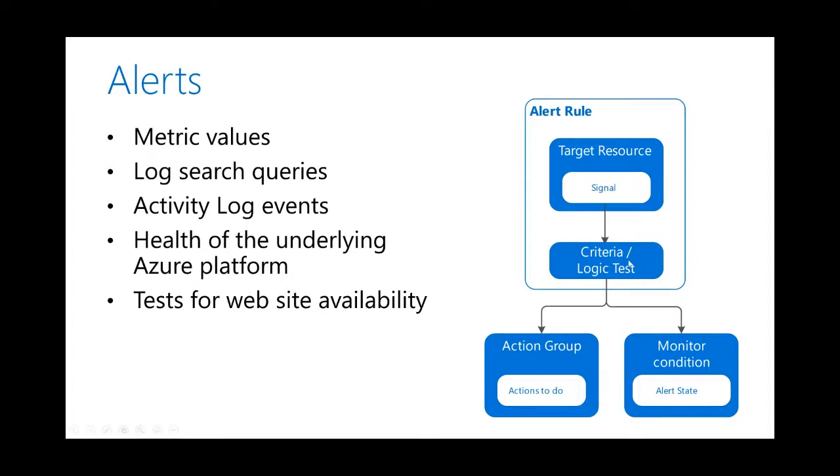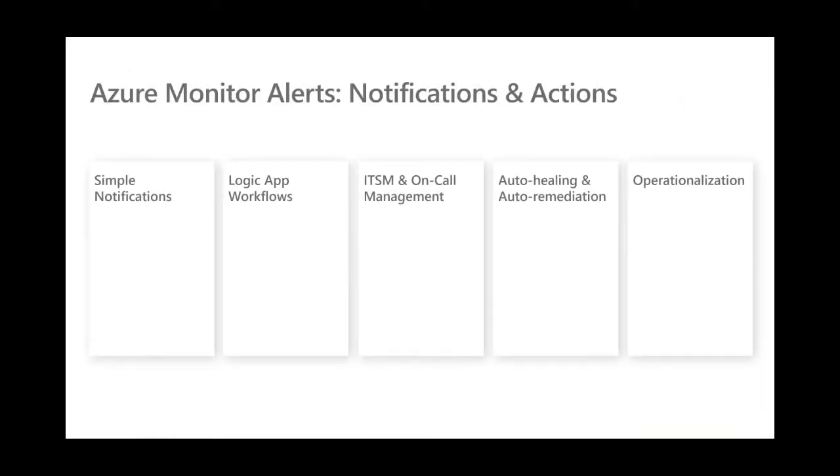So you can customize and put there whatever you want. You have the option to set a severity of the alert. So you decide how important and how severe this alert is, and on top of that, what the action is. You can set up a specific action to be taken when the alert is fired.